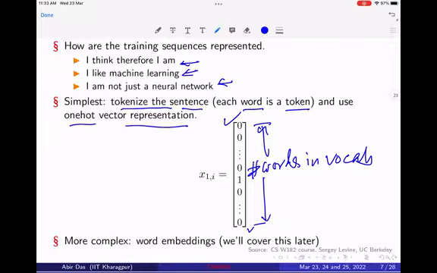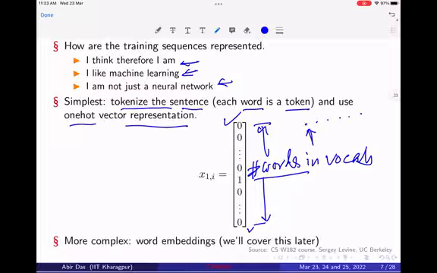The one-hot vector, and you will arrange these 5,000 words in some order in the vocabulary. It may be in alphanumeric order, but it can be any order. But once the order is fixed, that is, the position of each word is fixed, you cannot change it.